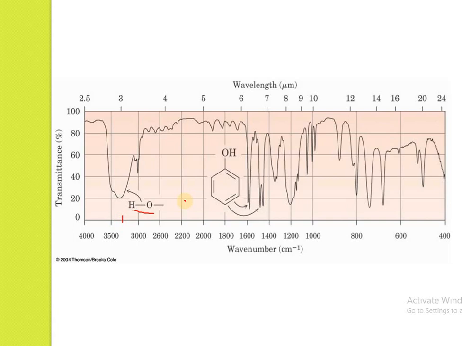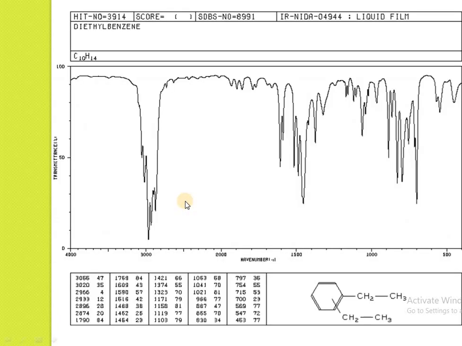And then if we see another example, again these are the peaks due to the benzene ring, the double bond CH stretchings, and then this is due to the around 3000, that is saturated carbons, and these are the lower carbon and other stretchings.